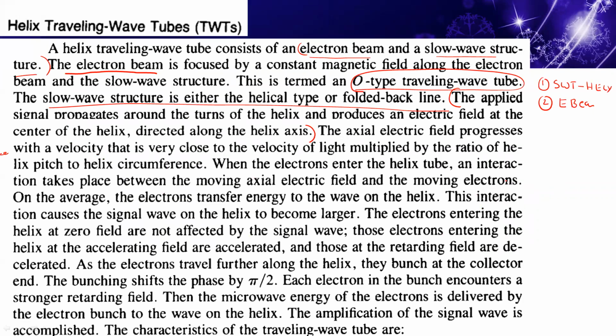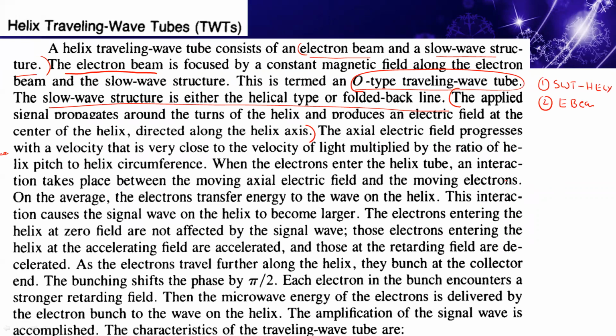This applied signal propagates through the helix structure. Automatically some electrical field is generated along the helix. That field tries to drive the signal throughout the structure of the helix.